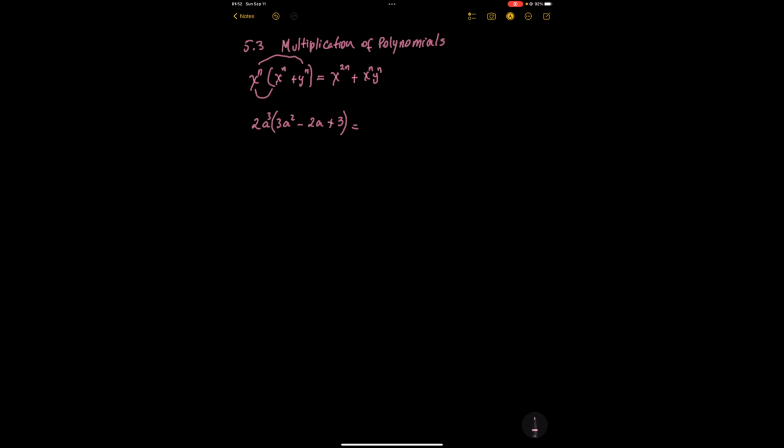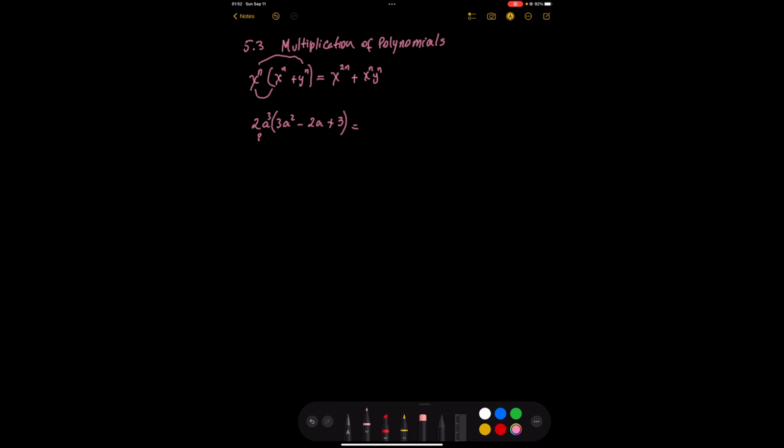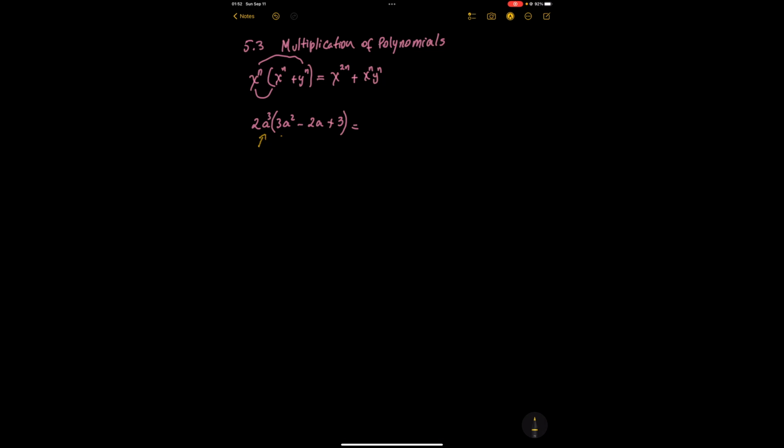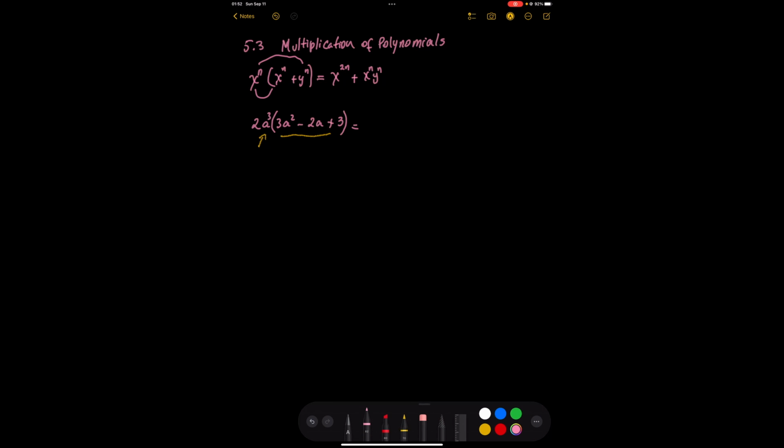We're doing basically the distributive property. We're going to multiply everything right here with everything in here. Okay? So what would that be equal to?